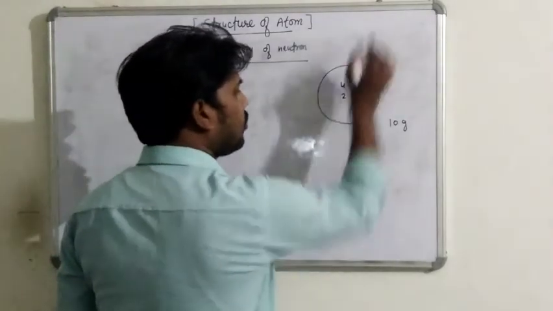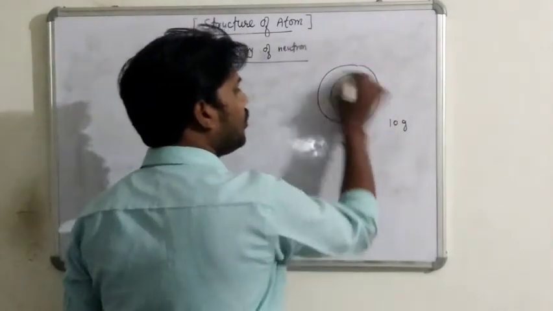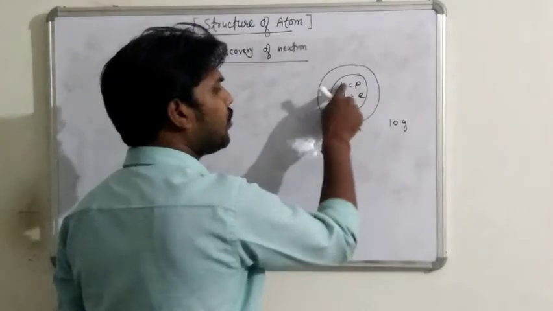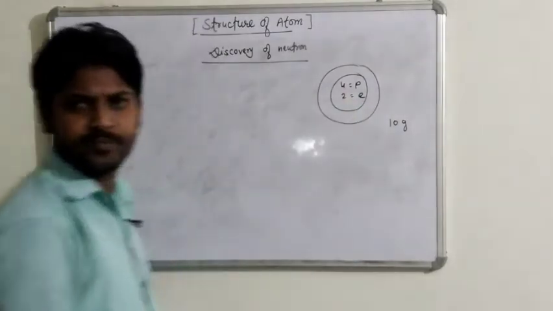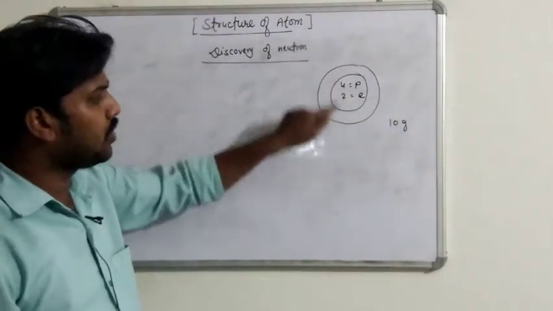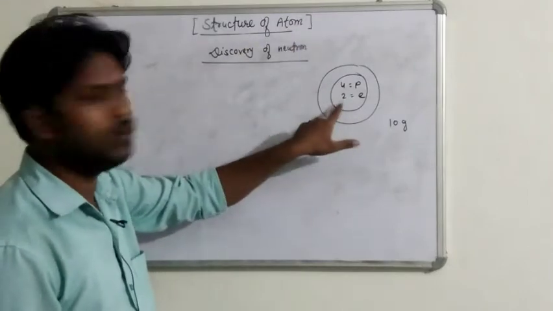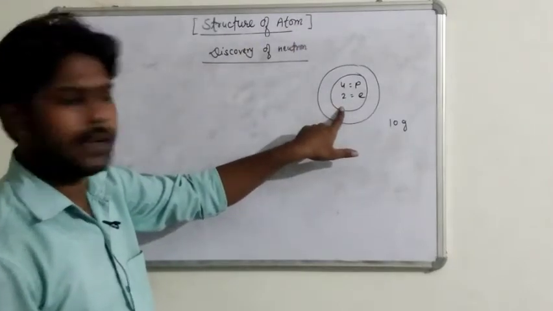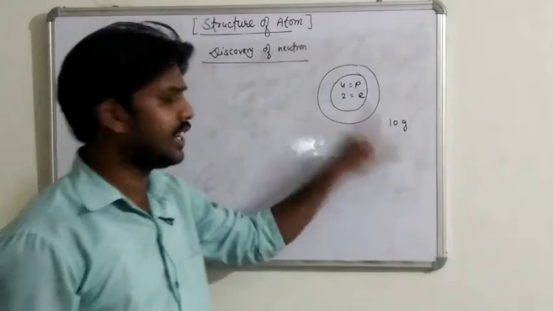If we calculate the collective mass of these particles, 4 plus 2 is 6, and the whole mass is 10 grams.